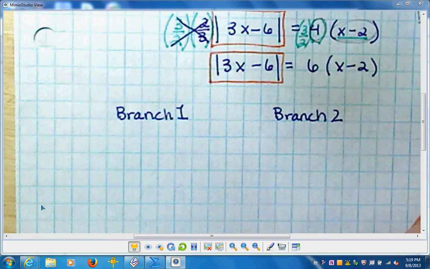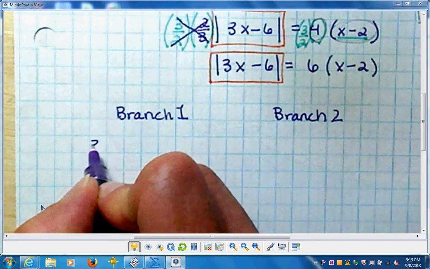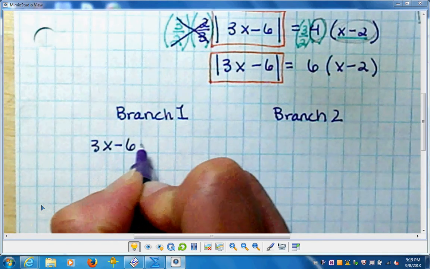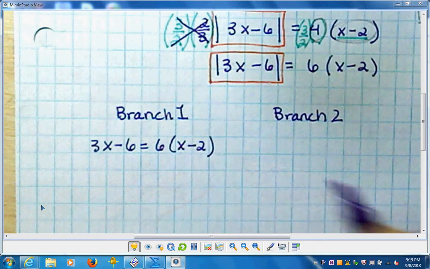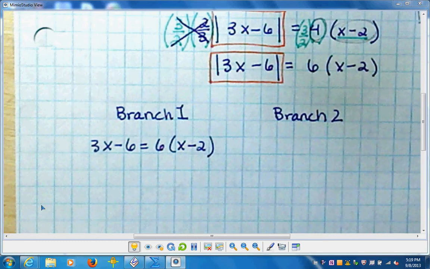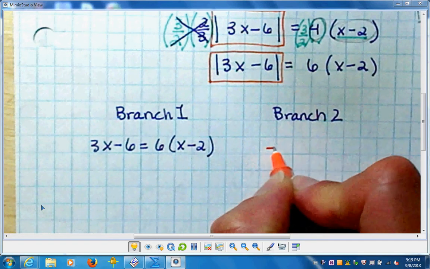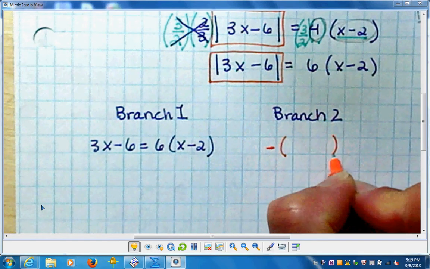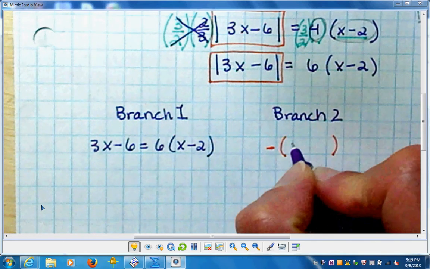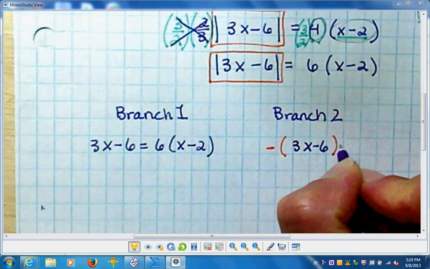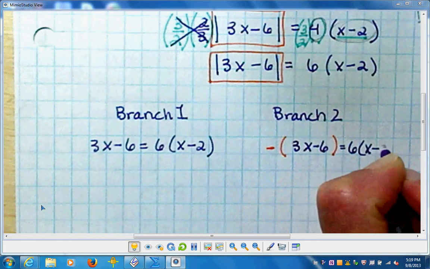So branch 1 is as is. 3x minus 6 equals 6 times x minus 2. And branch 2, remember, I'm going to take the opposite of what I see inside the absolute value. 3x minus 6 is equal to the opposite of 6 times x minus 2.